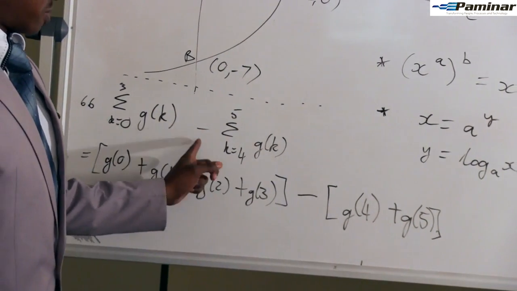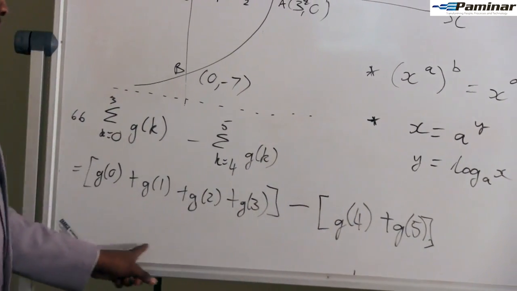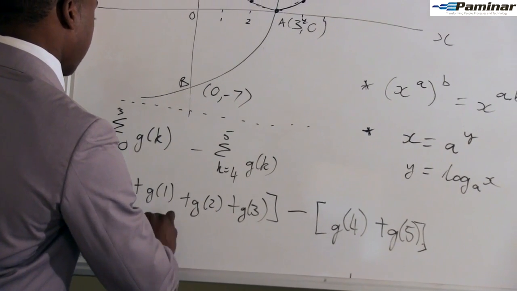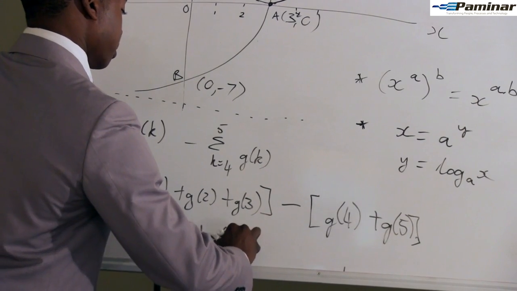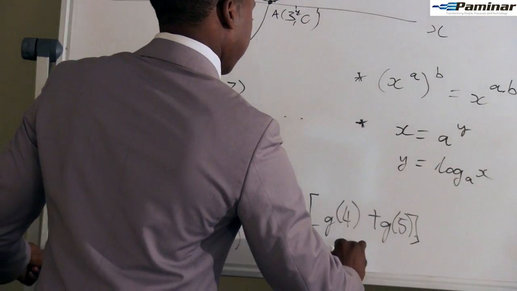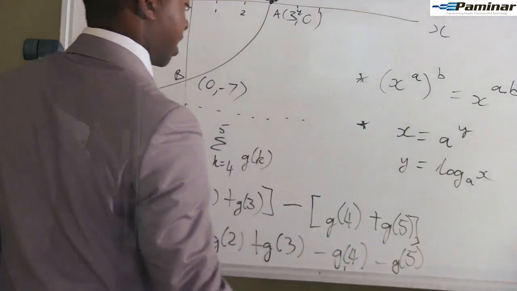So we're subtracting the summation of g of 4 and g of 5. So all in all, we have g of 0 plus g of 1 plus g of 2 plus g of 3 minus g of 4 and minus g of 5.